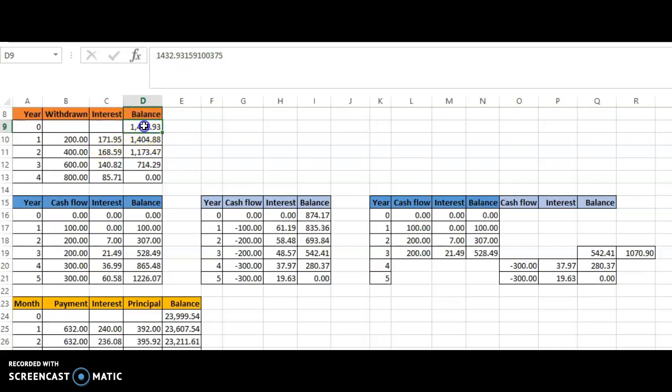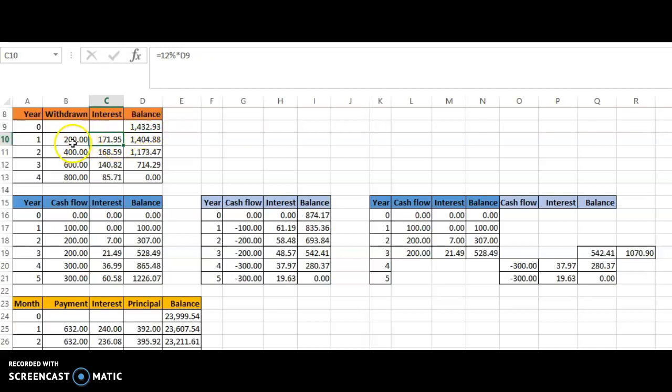So if you have this amount of balance at the beginning at time 0 now, you will earn interest. Remember the interest is 12%. So 12% from the balance you will earn 171.95. That is 12% from this balance. Because this balance was available for 1 year, at the end of 1 year, you will earn interest of $171.95.